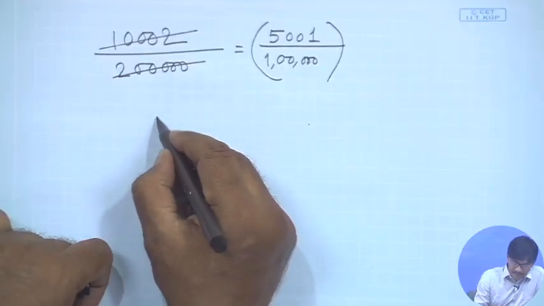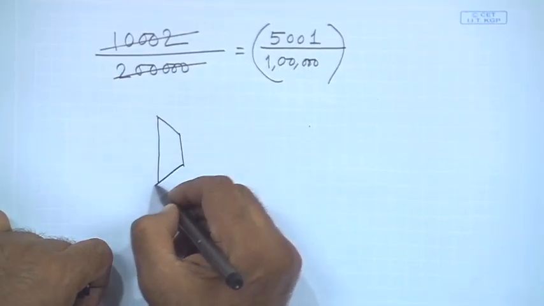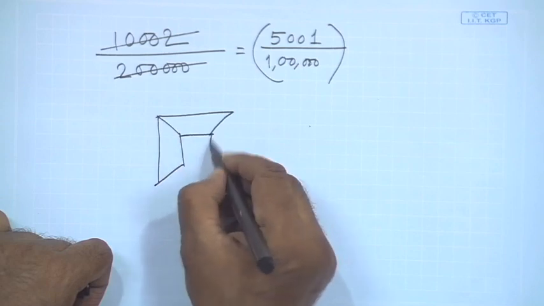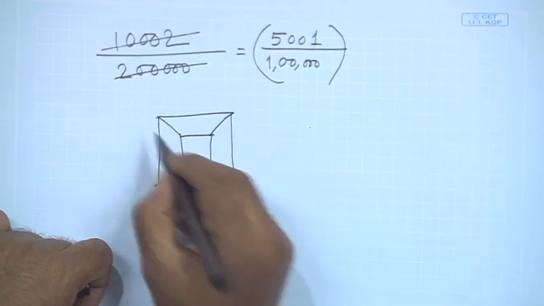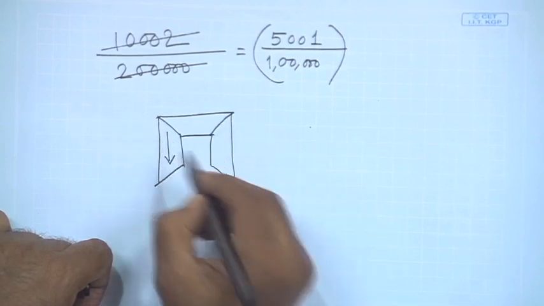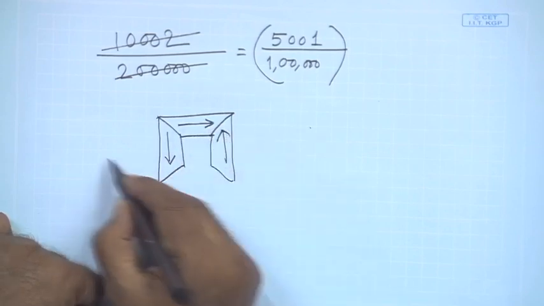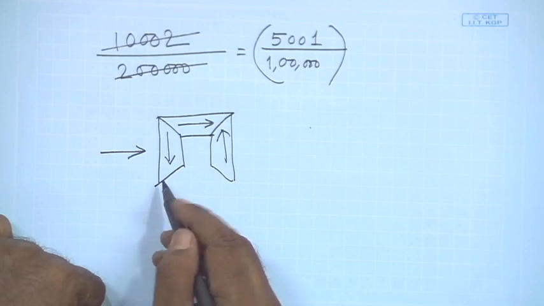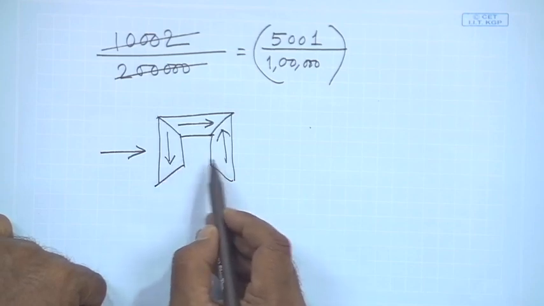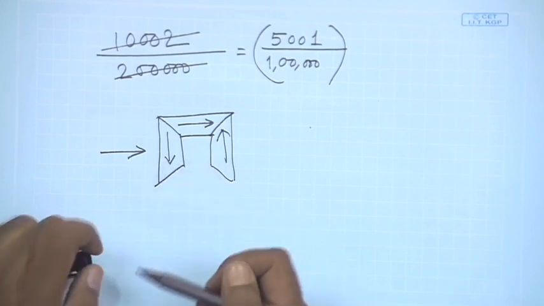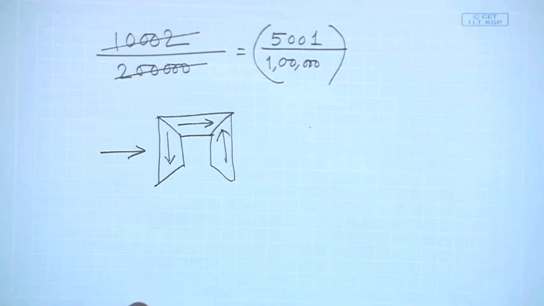Suppose this is gear 1, this is gear 2 and this is gear 3. If this is rotating this way, this will rotate this way. So if I look from this direction, I will find that these two are having different directions, a different sense of rotation.